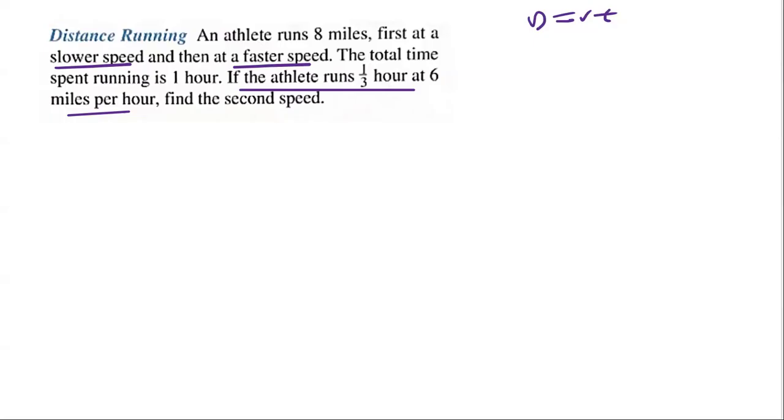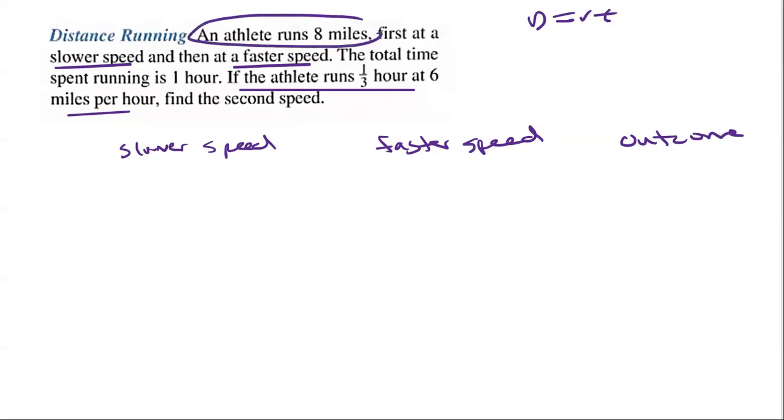So you have the slower speed versus the faster speed. Okay. And then you have your outcome. So we know the total distance for the slower speed and the faster speed. They told us that the athlete runs 8 miles. So that's your total. Okay.